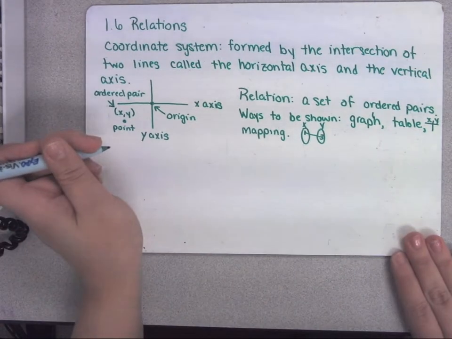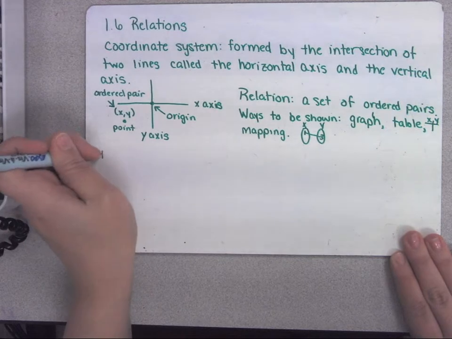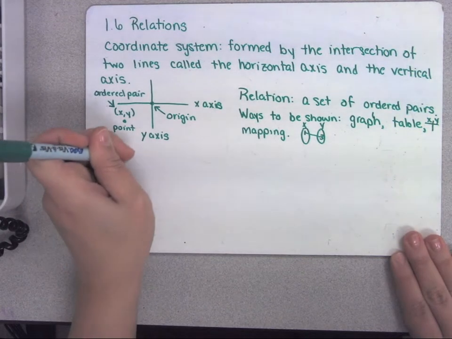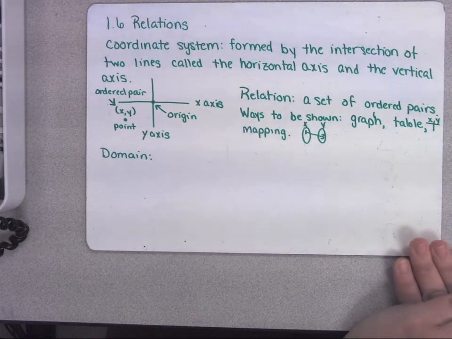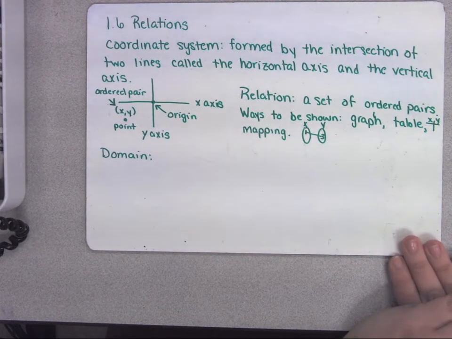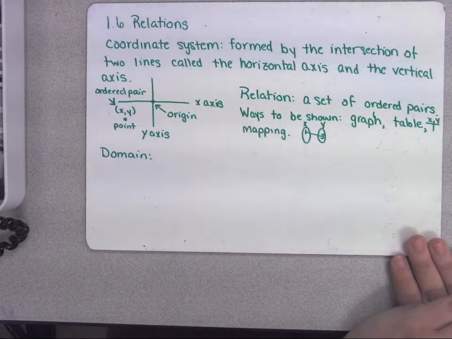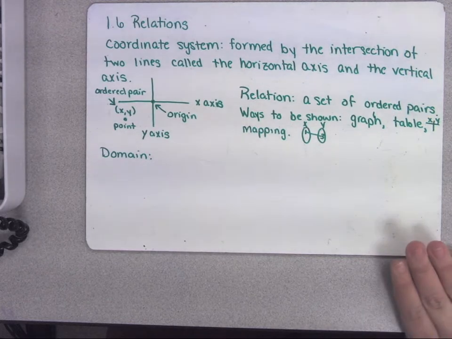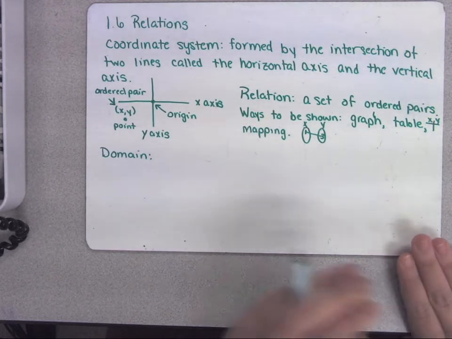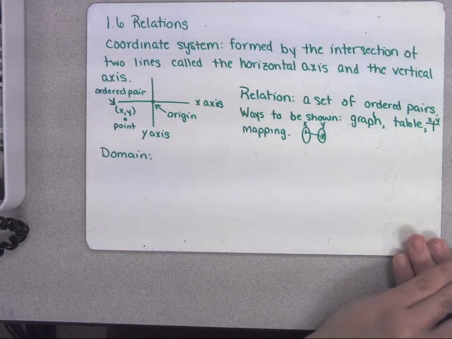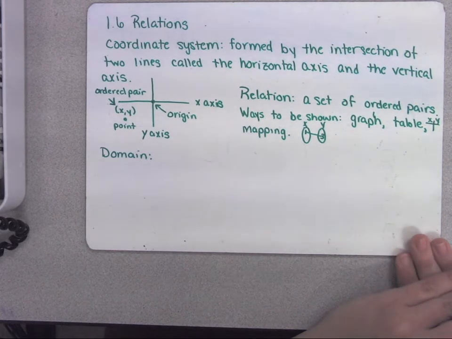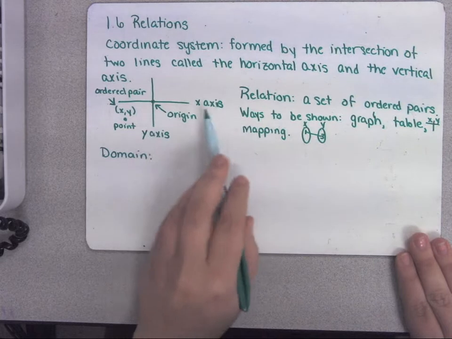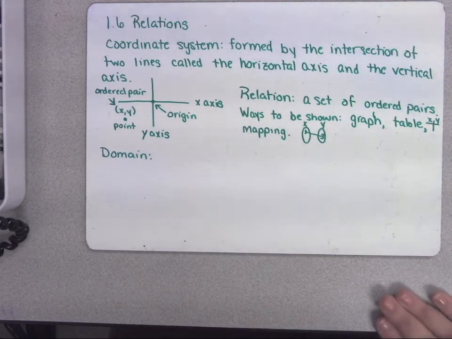Next, we're going to talk about the word domain. Does anyone know what the word domain means? Like, this is my domain. But in math, like on this graph, we're either talking about our X amounts or our Y amounts.